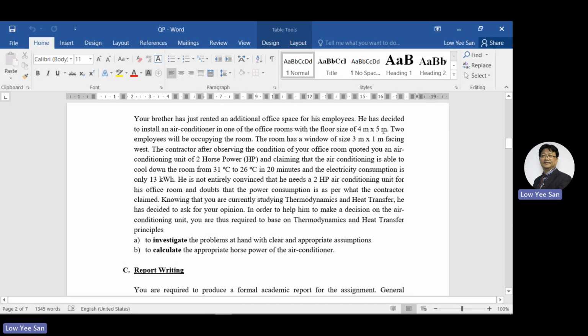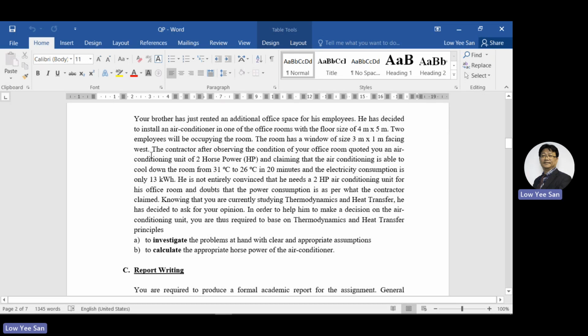That is the floor size. The height you have to assume, 5 meter. I don't know which is the more reasonable one you assume. It's supposed to accommodate 2 employees, and the room has a window size of 3 times 1, facing west.